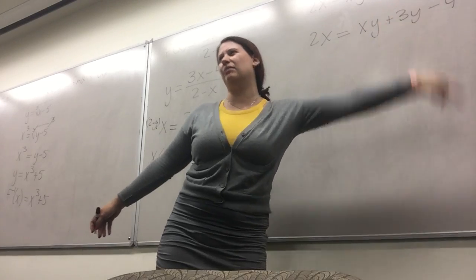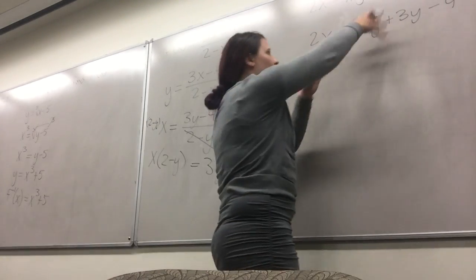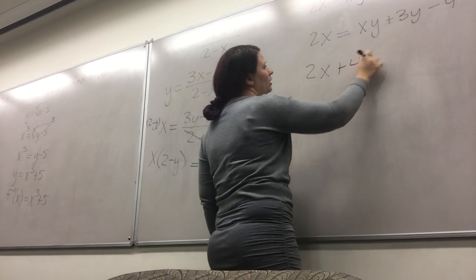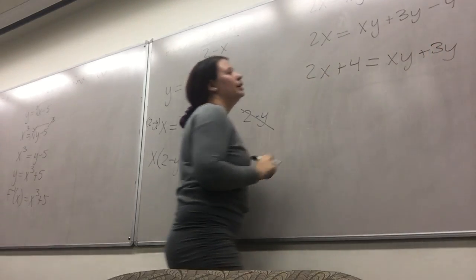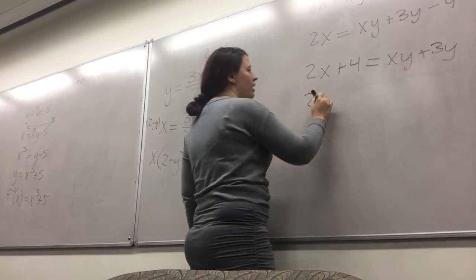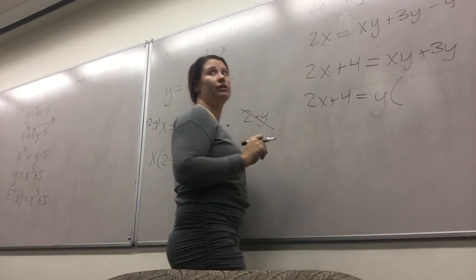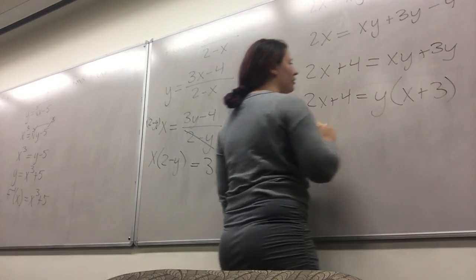What do we want to do with that term then? Move it to the other side, because we don't want it with the y stuff. So let's do that first. We have 2x plus 4 equals xy plus 3y. Now we can factor, right? So we have 2x plus 4 equals y times x plus 3. Now what?